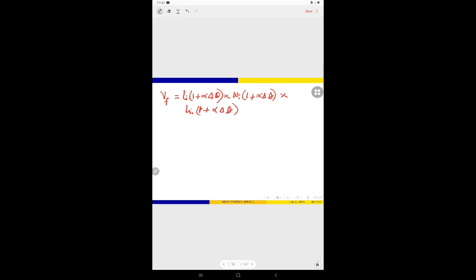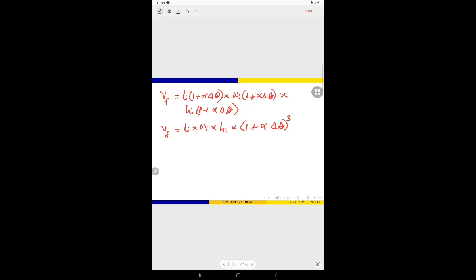So here you just beautify the equations, but it's going to be cubed. So you get Vf to be Vi times 1 plus alpha delta theta. Look for the proof for the other one and use it to solve this one. But here it's going to be cubed.